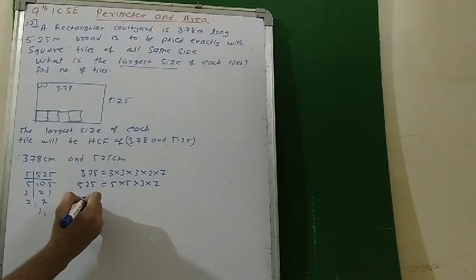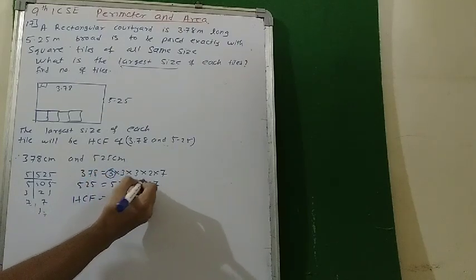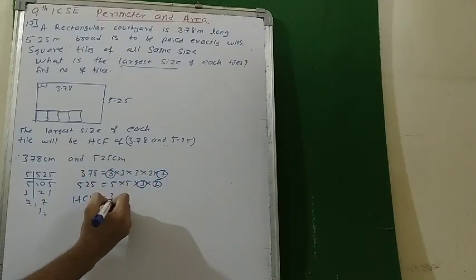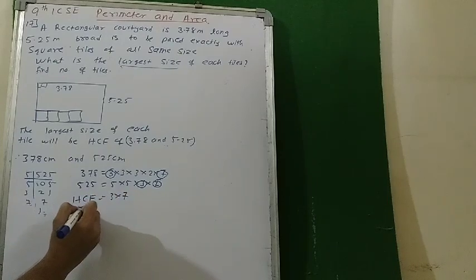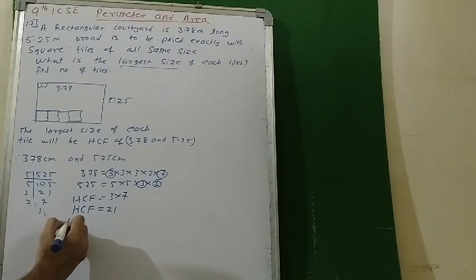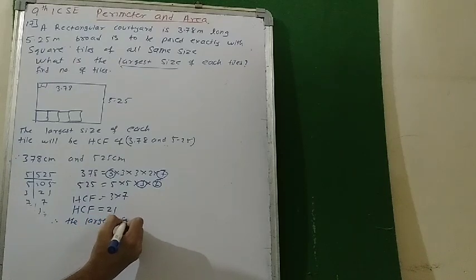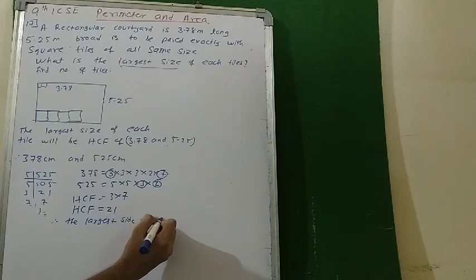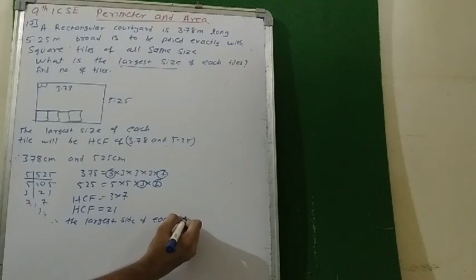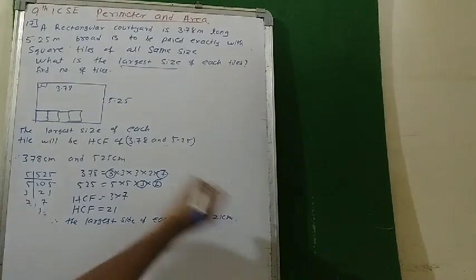Therefore the HCF, highest common factor, is 3 into 7, which is 21. Therefore the largest size of each tile is 21 centimeters.